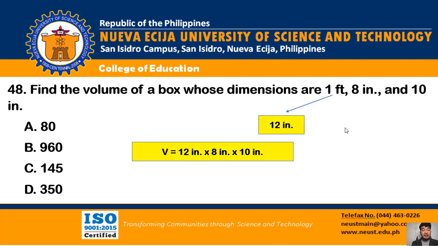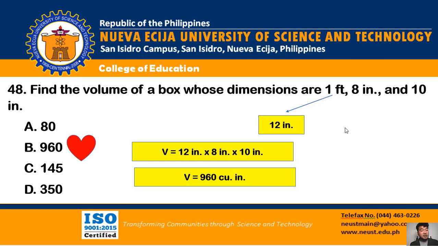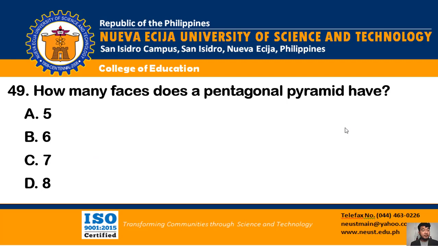And then we find the volume by multiplying the dimensions. So you have 12 inches by 8 inches by 10 inches is equal to 960 cubic inches, or letter B.